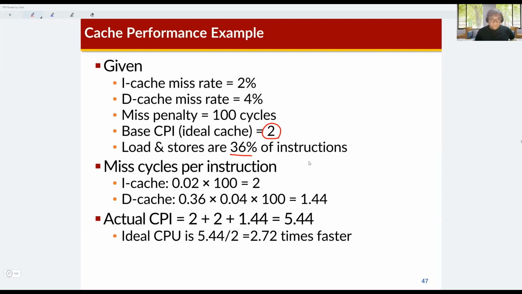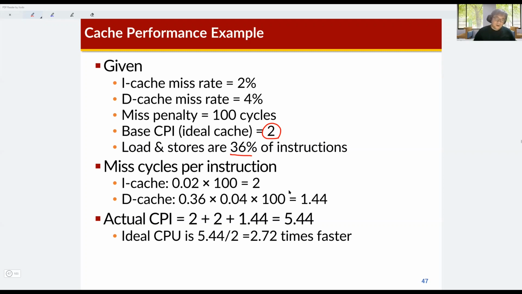So let's calculate the wasted cycles by cache misses. There are two kinds of cache for this processor: the instruction cache and the data cache. The instruction cache is accessed by every instruction, because the instructions are stored in this instruction cache, like instruction memory.